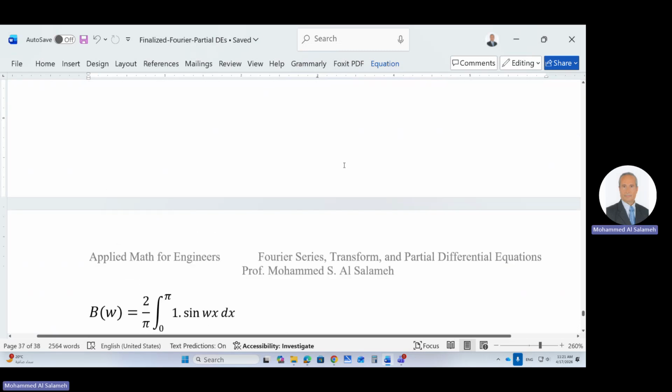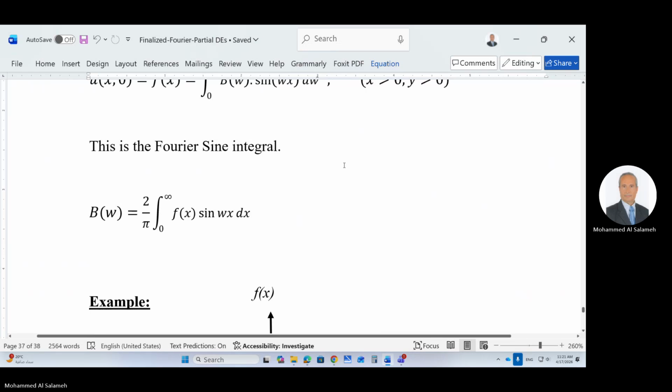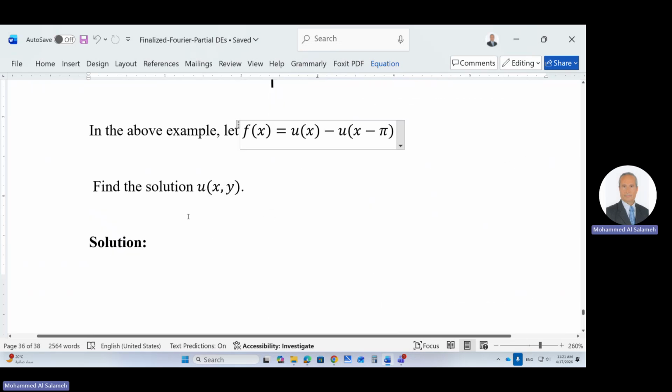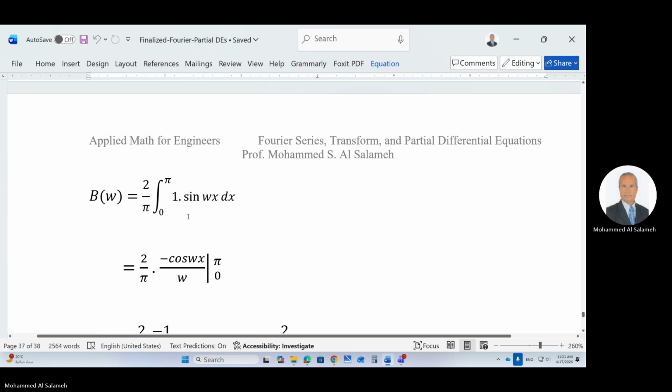For b of omega, instead of f, we put here this unit step function, or this pulse function. From 0 to pi, it is equal to 1, the pulse. Outside, from pi to infinity, it is equal to 0. So 2 over pi, integral of sine omega x dx.